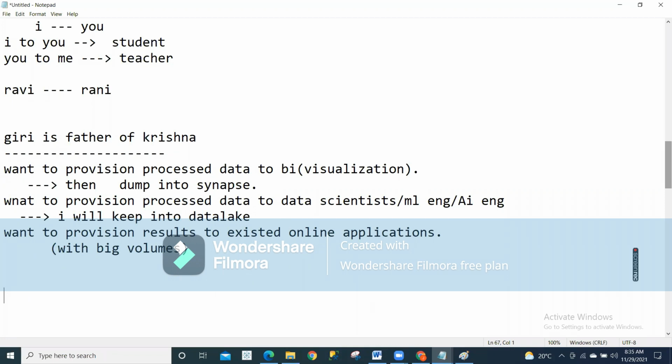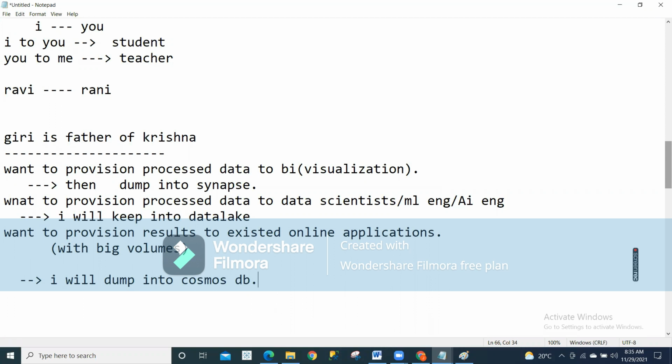I don't want to give it to the BI team or data science team; applications should take it directly. In this case, I will dump into a NoSQL database, which is Cosmos DB. Why Cosmos DB? Because the result of process one has a different structure, and the result of process two has a different structure.